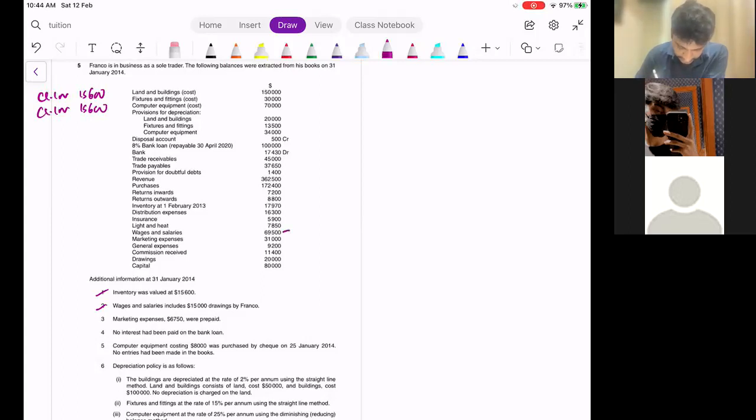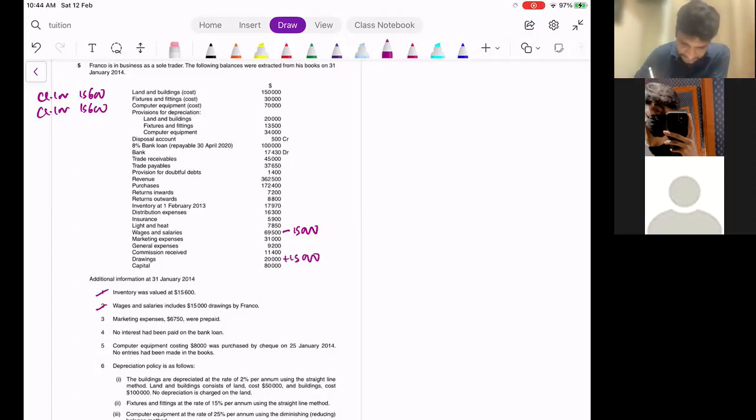Wages and salary minus 15,000. But you get 15,600. How you get 50,000? This is a 15,600. You're not focusing. Then go plus the drawing plus 15,000. You understand your mistake?